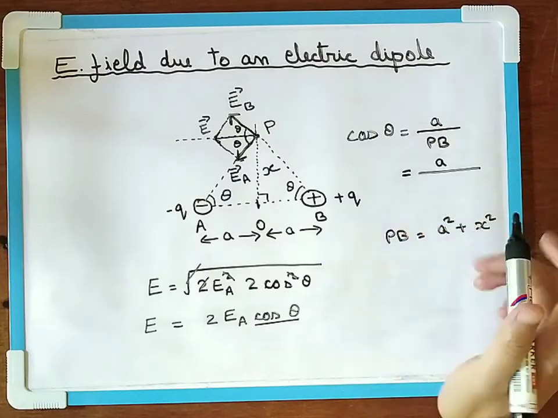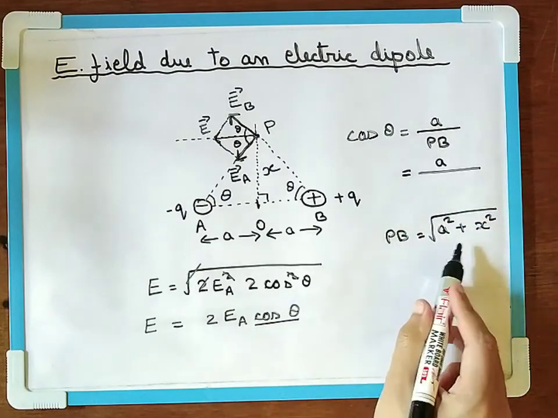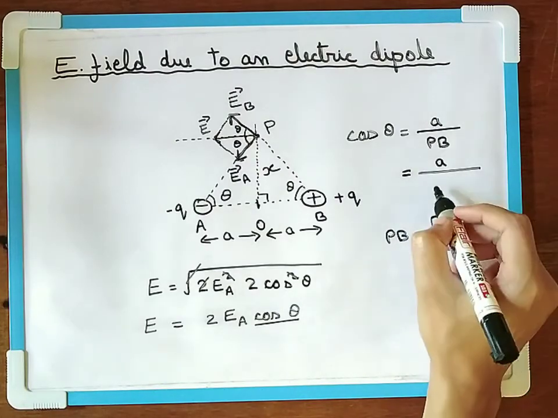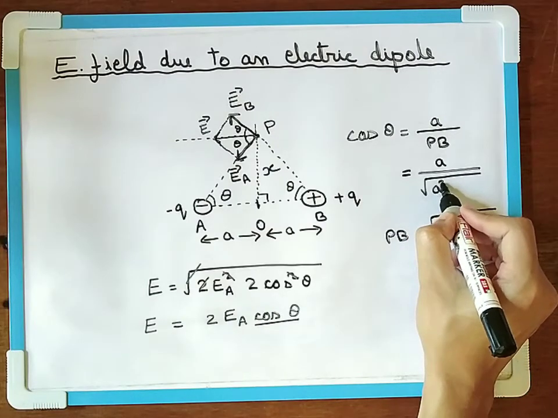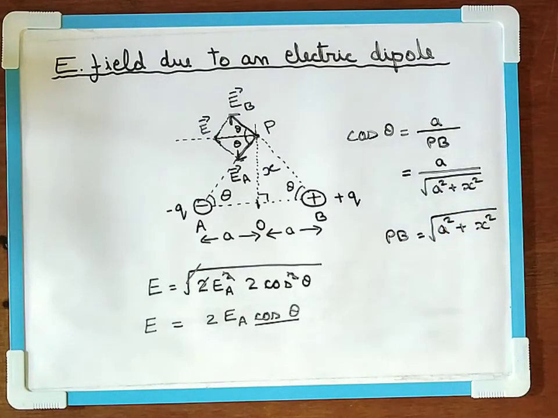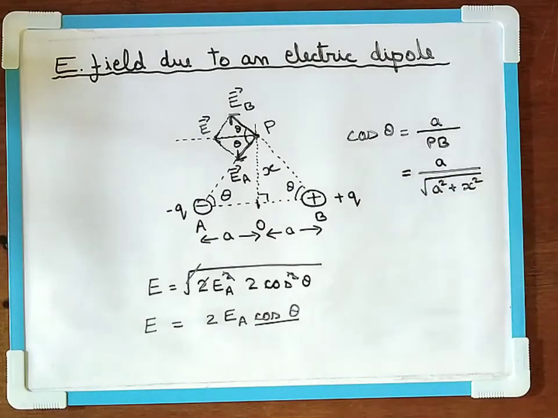Now taking root, PB will be equal to square root of a square plus x square. So cos theta is equal to a divided by root over a square plus x square.